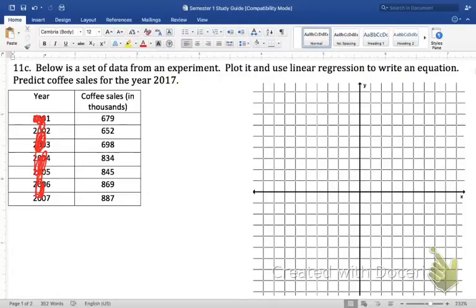So now I'm going to find the balance point. I'm going to add up all the x's and divide by how many there are, and then do the same thing with the y's. So that's going to take me just a second here.